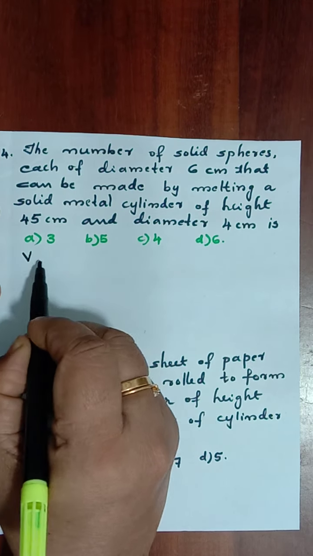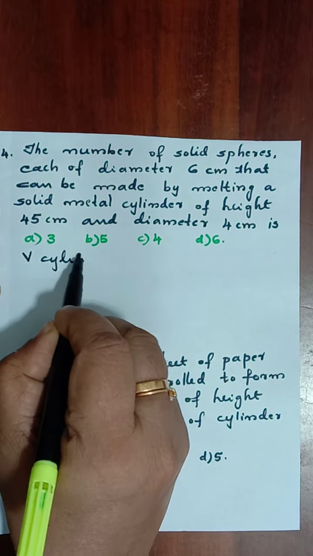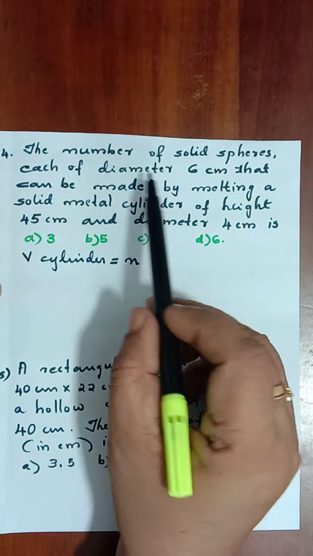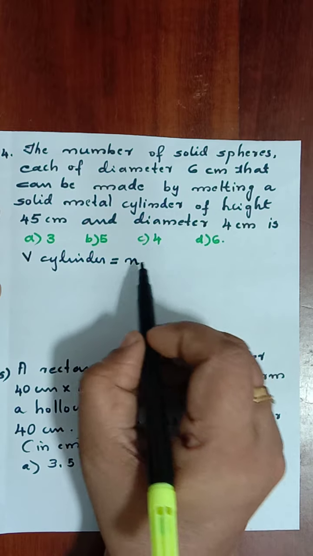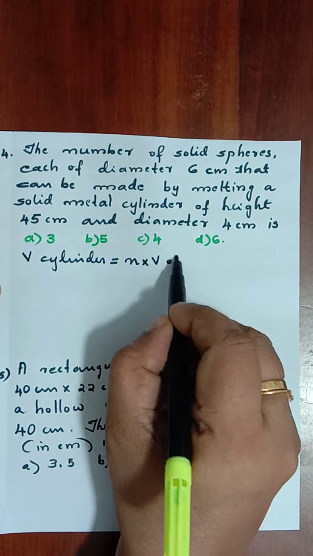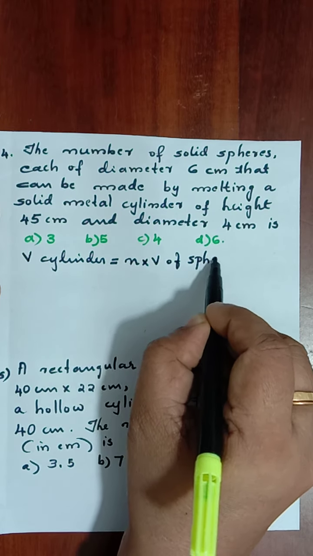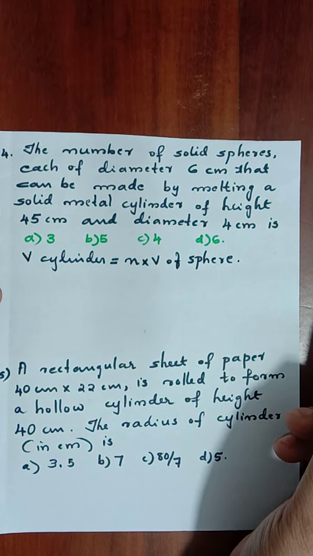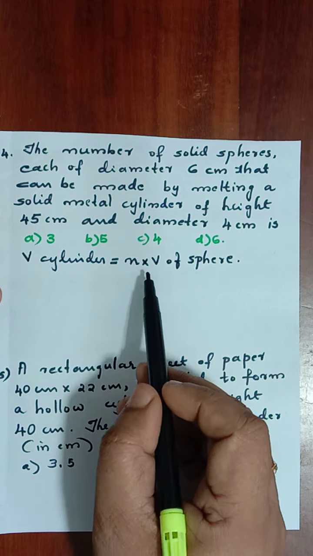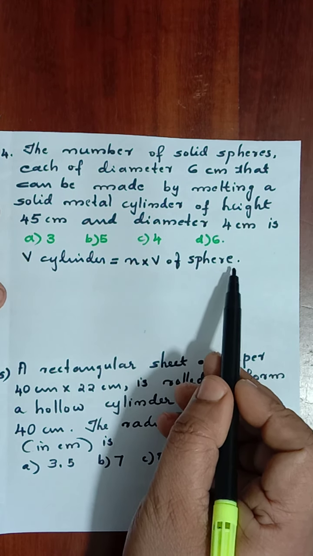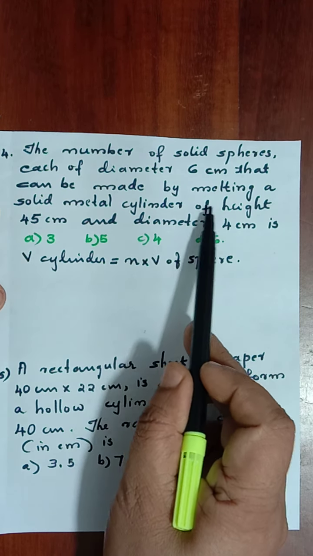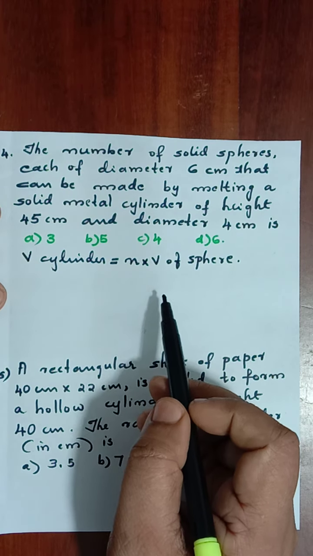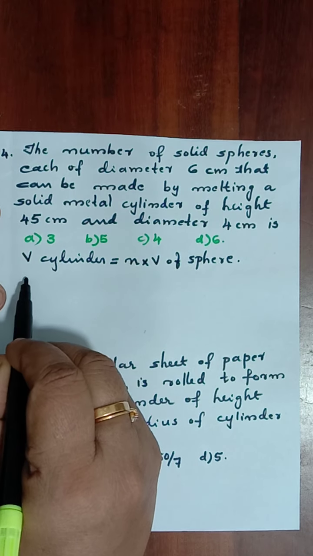So volume of cylinder will be equal to the number of solid spheres, n, into volume of sphere. That is how we have to take. This type of problem we have already done. Here a metallic cylinder is being converted to spheres, so we have to apply values as well as the formula.